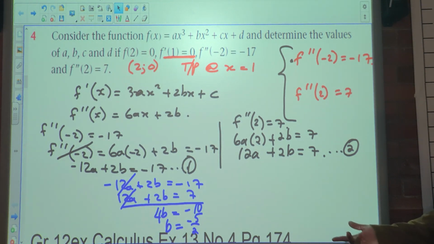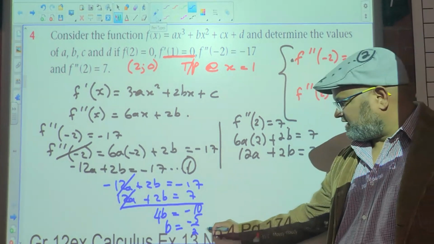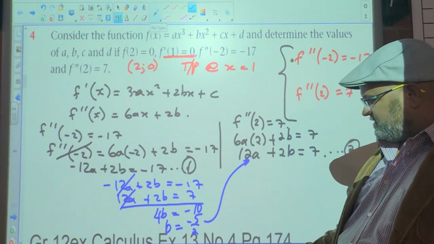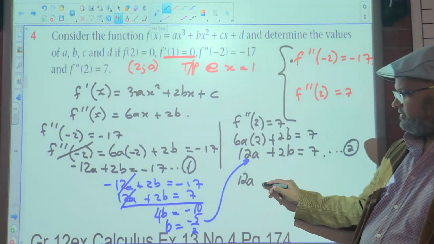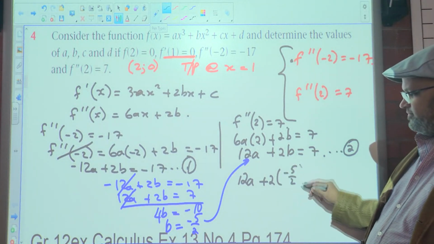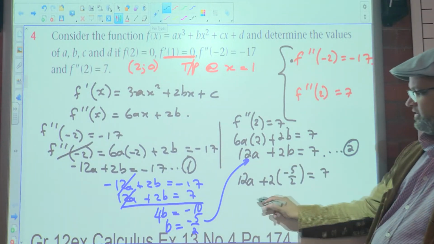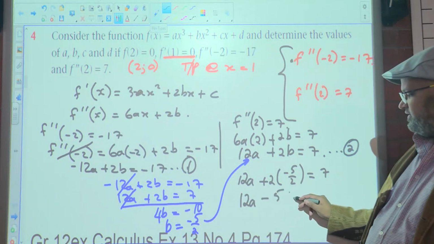So what do I need to solve now? I need to solve for a. So substitute that back into one of these two equations. So I say 12a plus 2 times negative 5 over 2 equals 7. So I get 12a minus 5 equals 7.